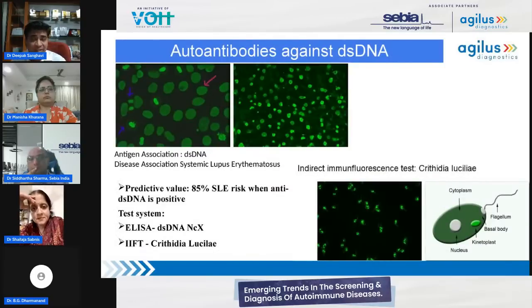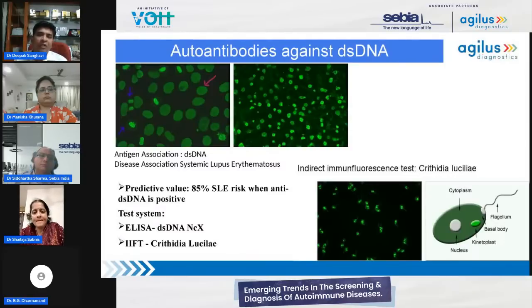Similarly, for dsDNA, as you can see, there are multiple platforms for diagnosis. You have immunofluorescence, which I have shown in the picture here. You have ELISA, called dsDNA NCX ELISA. You have the FARR assay, which used to be done by an RIA method. And nowadays you also have dsDNA by a blot method. So you have 4 platforms to diagnose dsDNA. We all have to know they have different sensitivities.